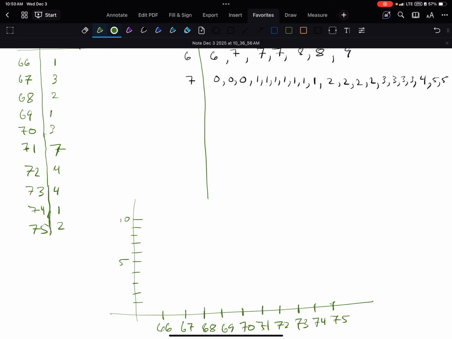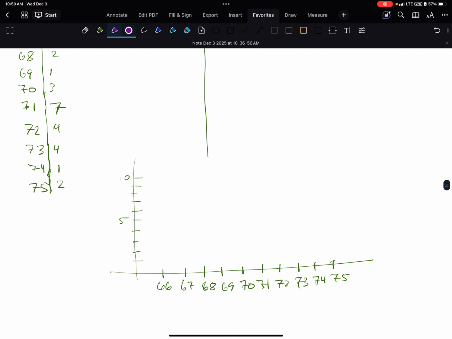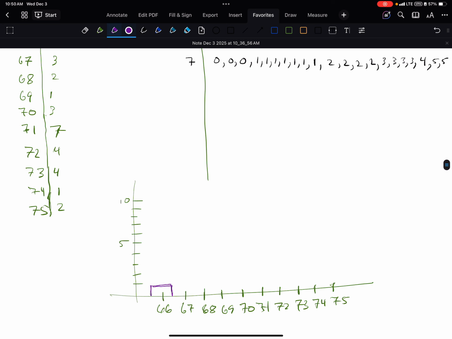And we can go from there. Okay, and so if I've got the 0 and the 5 marked on the height, I go to 66 and I'm at 1. And so I put in a bar at height 1 over 66. I go to 67 and I'm at 3. And so I go 1, 2, 3. That's the height of that bar. 68, I have 2.